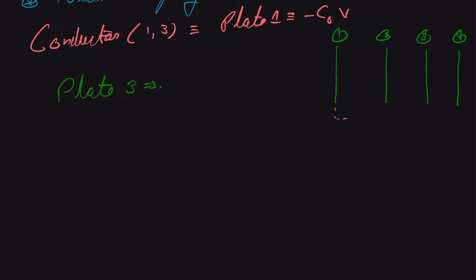And 1 and 3 are connected, and 2 and 4 are connected. So plate number 1 has a charge of minus C0 times V, and plate number 3 is going to receive a charge from two gaps, gap number 2 as well as gap number 3.